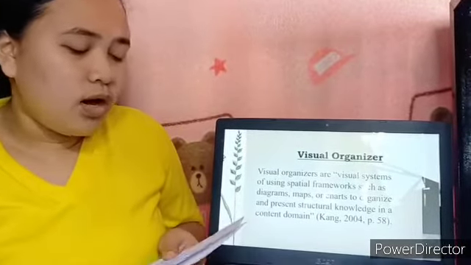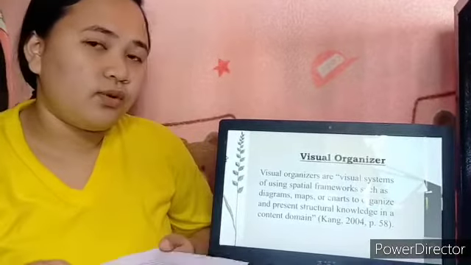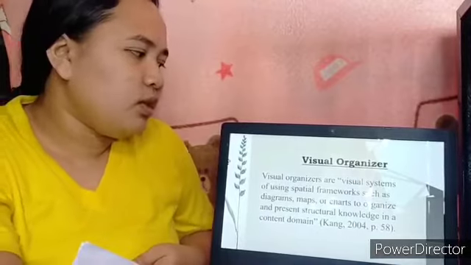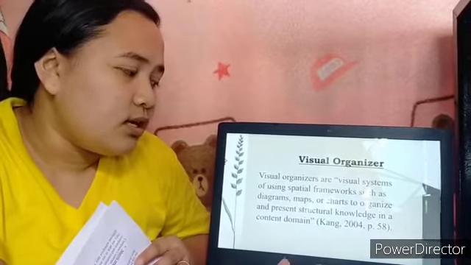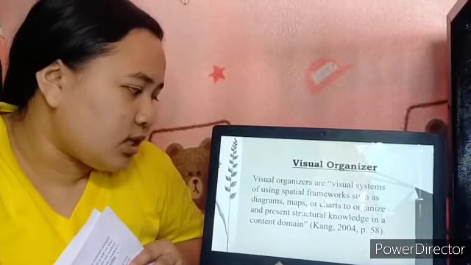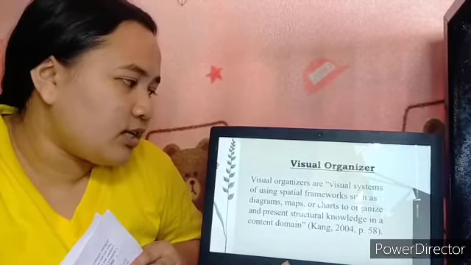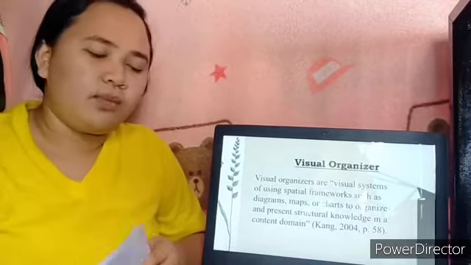One way to realize this kind of instruction is through visual organizers. So what are visual organizers? Visual organizers are visual systems of using spatial frameworks such as diagrams, maps, or charts to organize and present structural knowledge in a content domain.